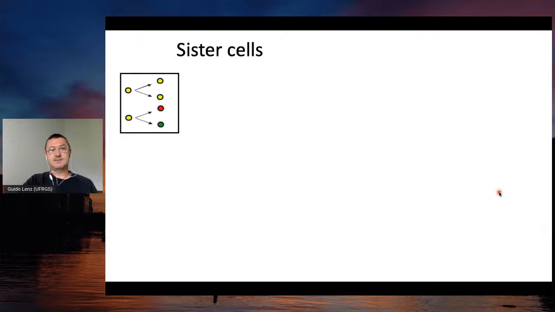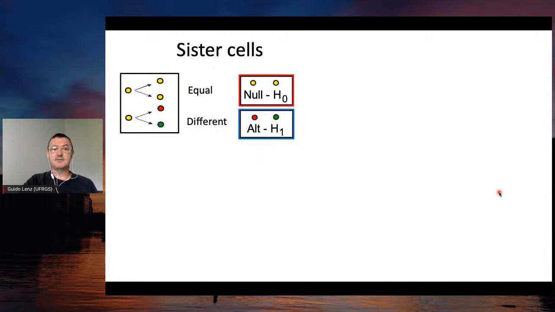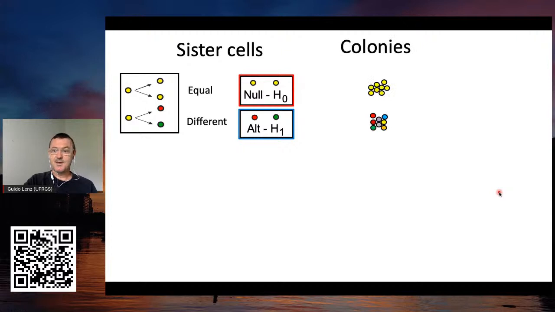So we started with a very simple hypothesis. The null hypothesis is that sister cells are equal, and the alternative hypothesis is that sister cells are different. We applied this also to colonies.